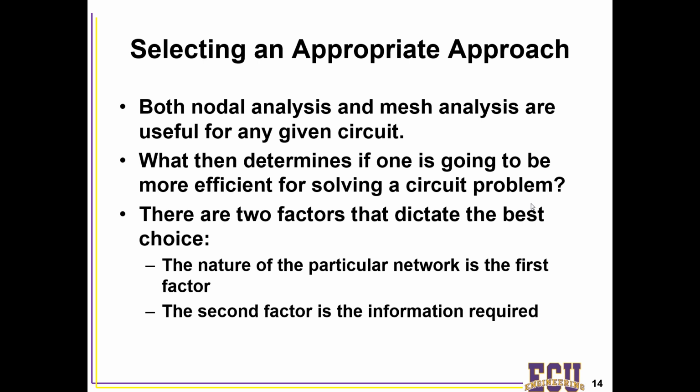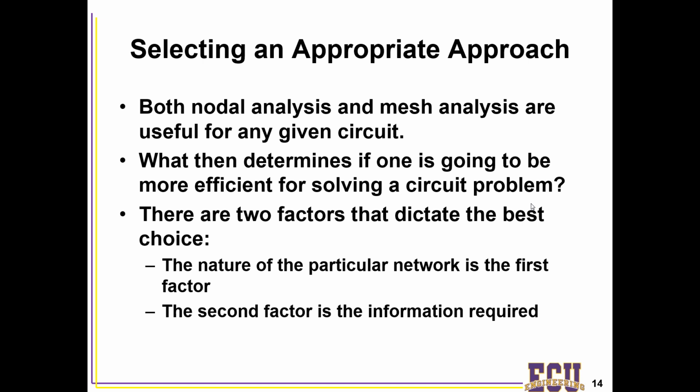You might also think about, are you asked to find a voltage or are you asked to find a current? If you're asked to find a voltage, then nodal analysis may be the way to go. If you're asked to find a current, then mesh analysis may be the way to go, because that's what you natively get out. Of course, you can easily go back and forth between those, because if you use Ohm's law, if you know the current and you know one of the resistors, you can easily find a voltage drop.